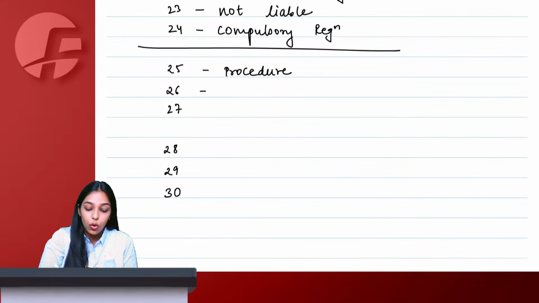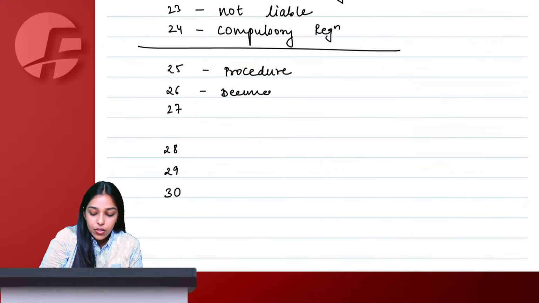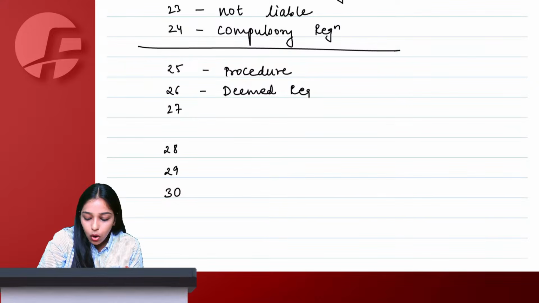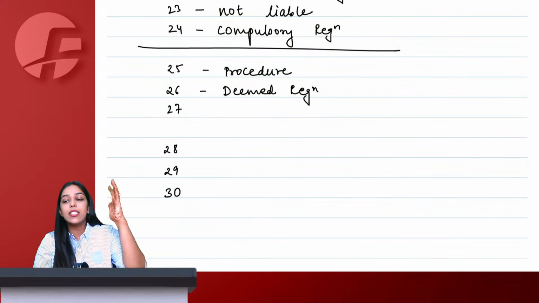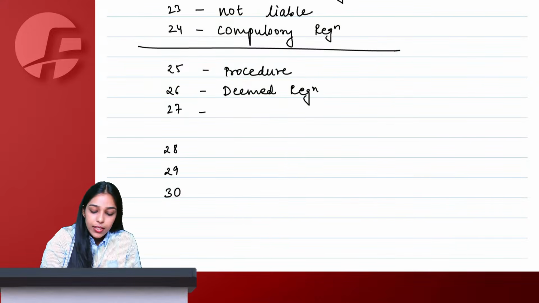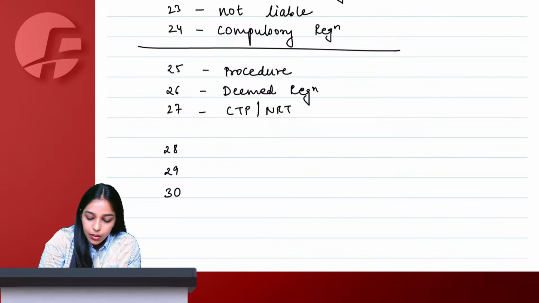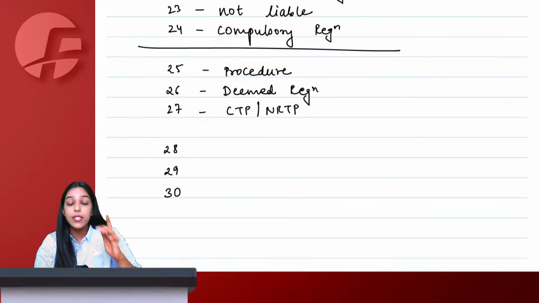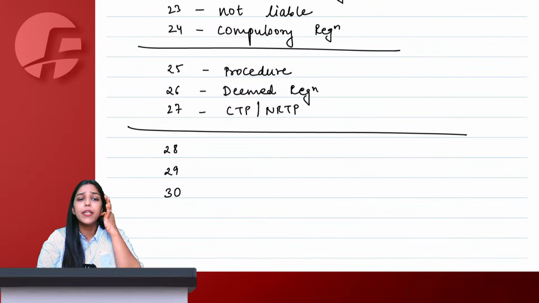The answer is no. So we say deemed registration: you take registration in one Act and you are deemed registered in all the other GST Acts. Then section 27 talks about casual taxable person and non-resident taxable person. This is block number 2.